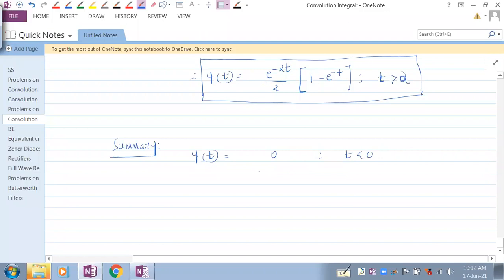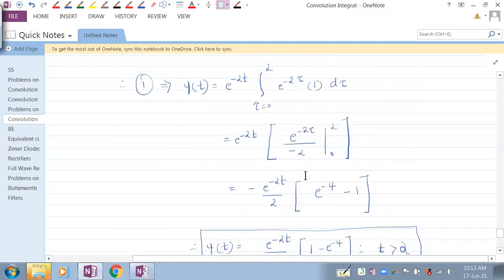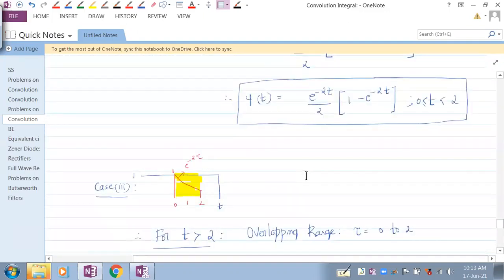It is 1 by 2 times 1 minus e power minus 2t, into e power minus t. Is it correct? Or how we had written that? e power minus t by 2 into 1 minus, yeah.